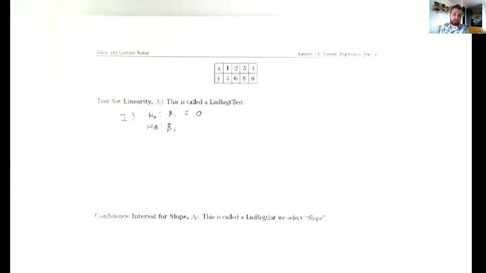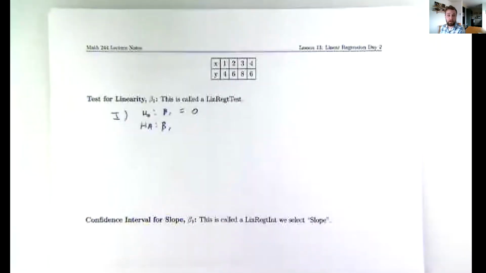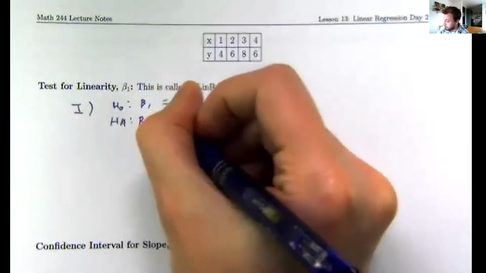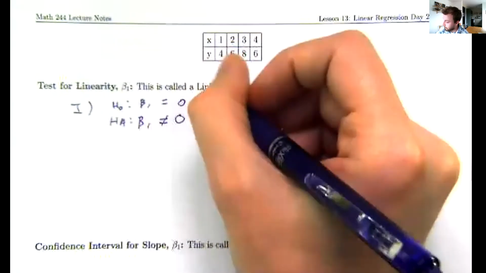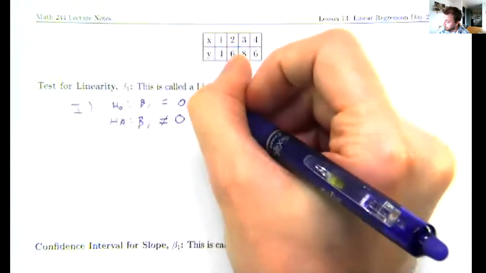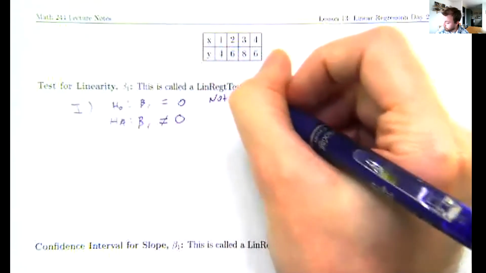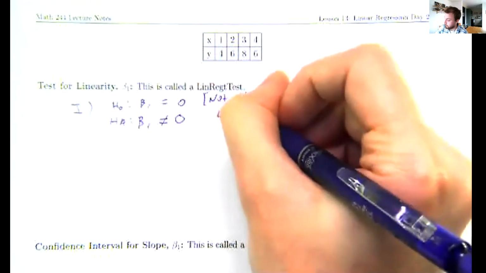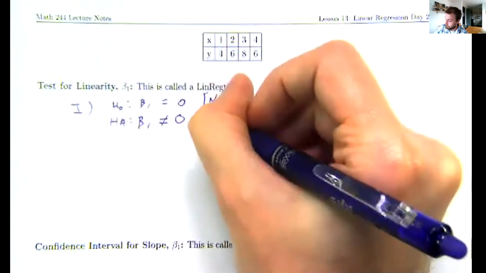Null hypothesis is going to be that my slope is equal to 0. My alternative hypothesis is that my slope is not 0. So null hypothesis is not linear. There's no slope. Alternative hypothesis is that it's linear.